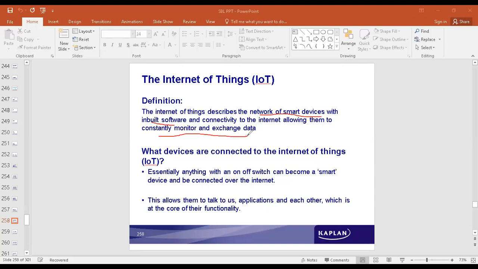What devices are connected to the Internet of Things? Essentially anything with an on-off switch can become a smart device and be connected over the internet.